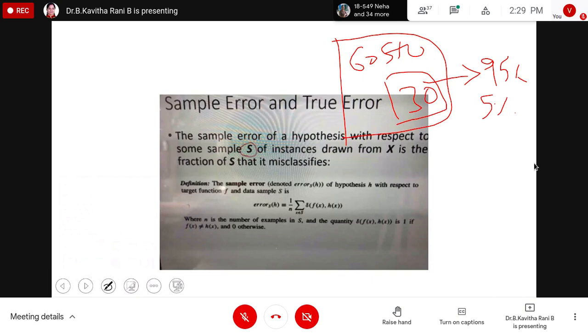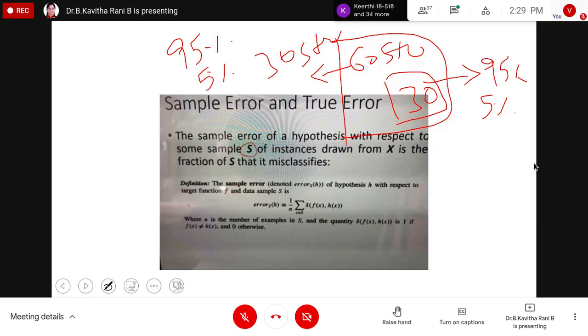Okay, and the remaining 30 students, I am executing the hypothesis which I have got with the sample error on them, and the hypothesis is giving 95% accuracy and 5% error.